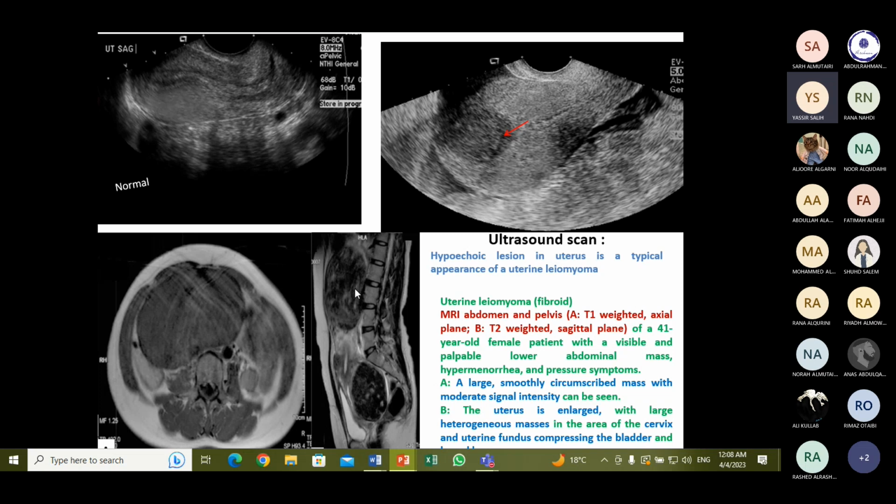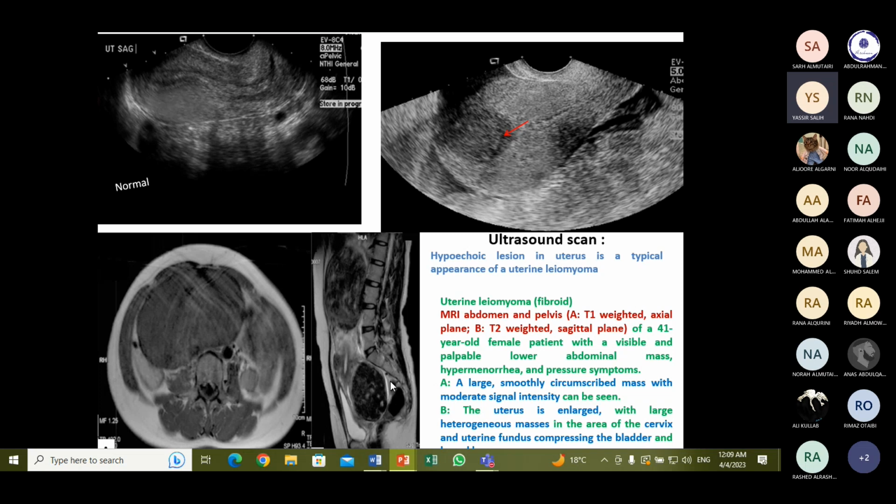Why heterogeneous? Here it was mostly of similar intensity, but here there is a more bright, more hyperintense area, so it is called heterogeneous intensity. So this lesion is extending from the cervix up to the fundus.